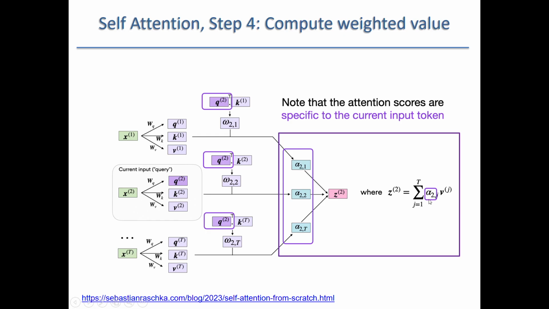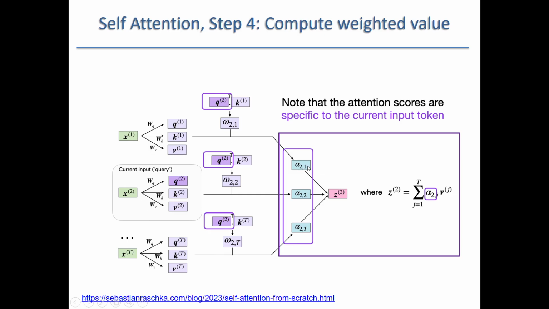So we have different values. We have the value associated to the key 1. So x1 produces k1. So x1 will produce a key in the dictionary and a value in the dictionary.